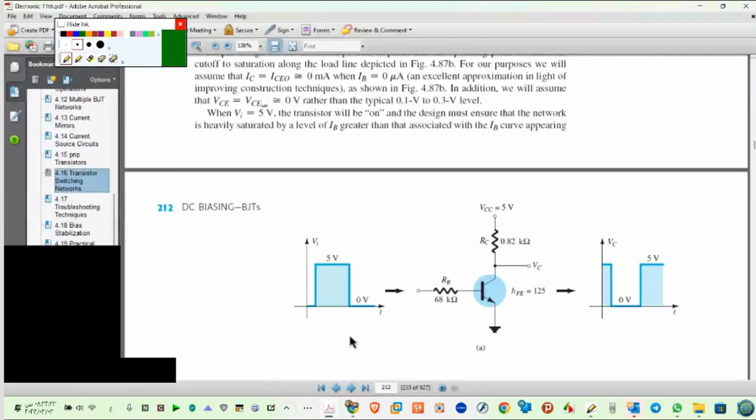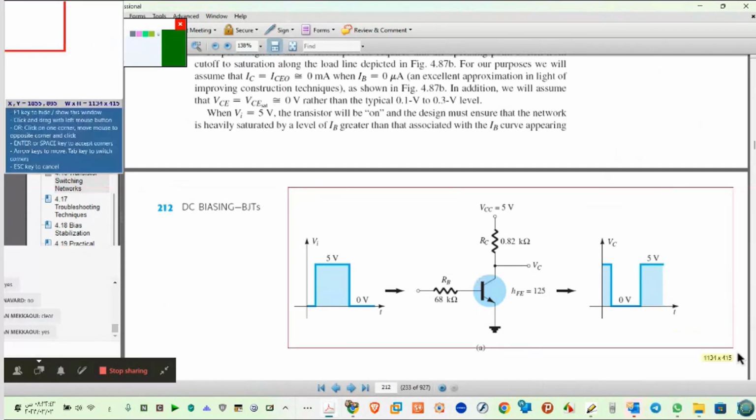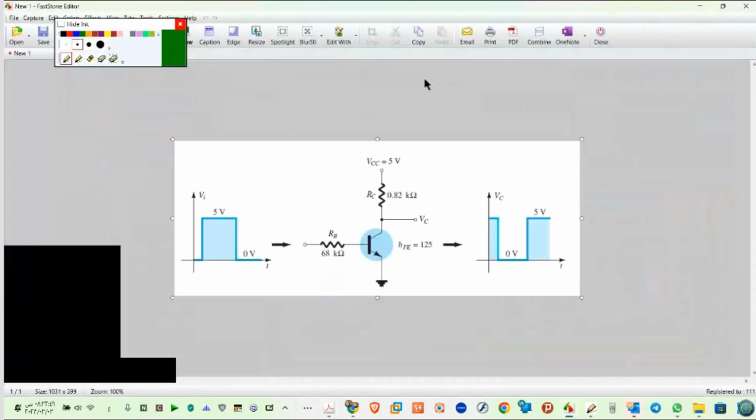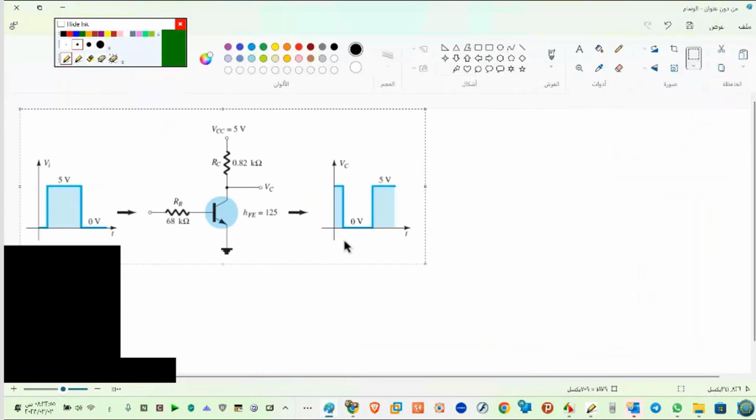Keep your eyes with me, excuse me. I will take this cut. Copy to printer. Paste.